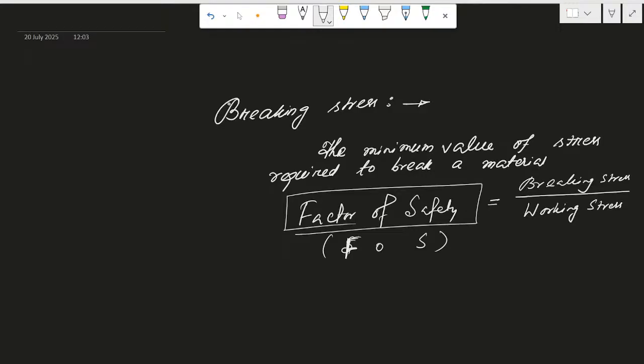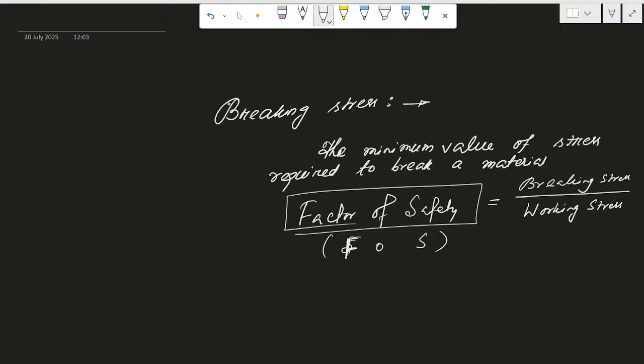Breaking stress is the minimum value of stress required to break the material, and working stress is the amount of stress you are working with. So the ratio is a very important parameter to design a component.